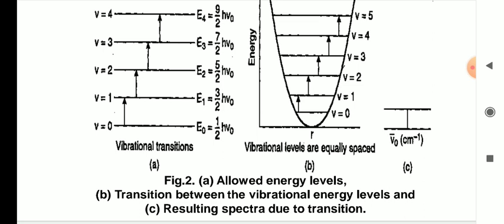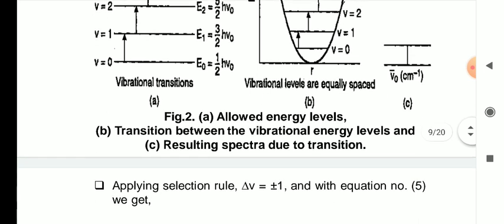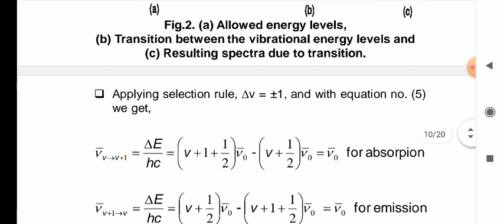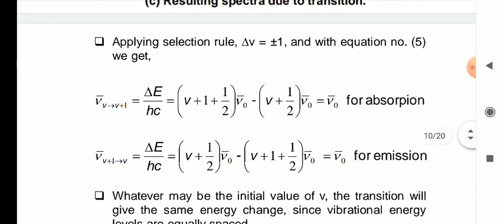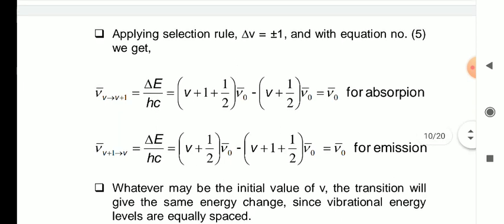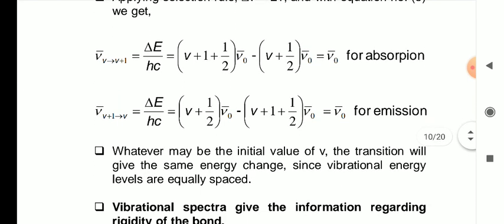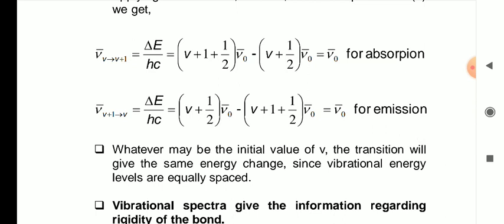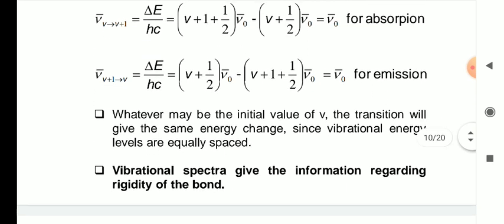That means the energy difference between any two vibrational levels is constant. Applying the selection rule, delta v equal to plus or minus 1, with equation number 5, we get the frequency that corresponds to the transition v to v plus 1. That is given by the equation for absorption, and a transition from v plus 1 to v corresponds to emission.